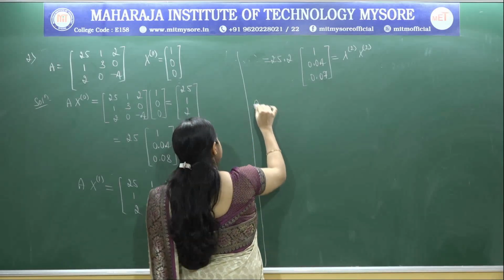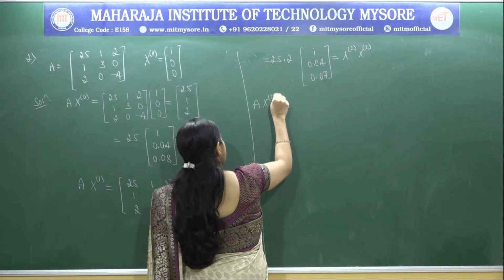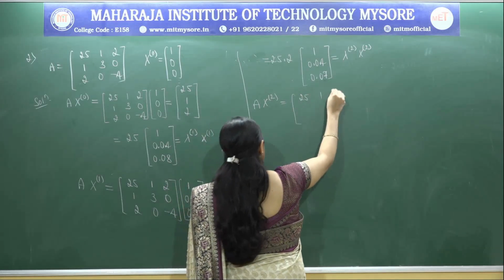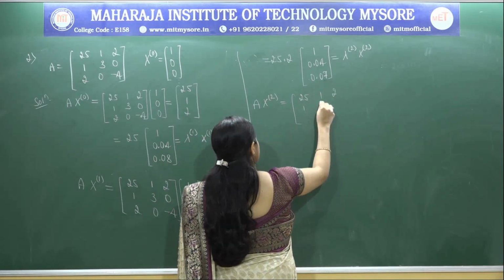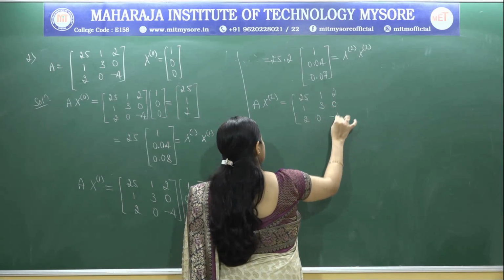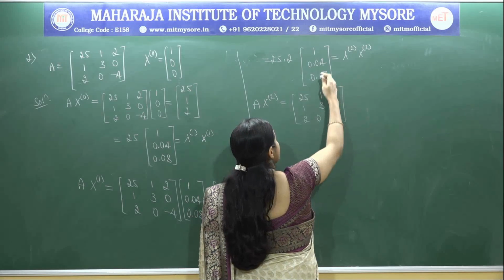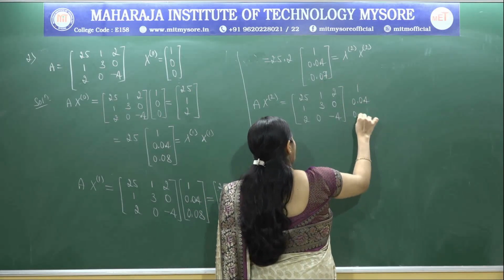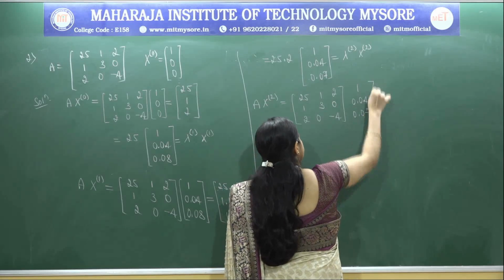Again, you take the matrix multiplication A with x of 2, it is [25 1 2; 1 3 0; 2 0 -4] with this matrix 1, 0.04, 0.07.